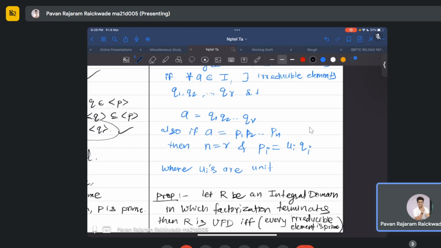It became very congested, but I hope you can see. So you have an integral domain in which factorization terminates, and that integral domain is UFD if and only if every irreducible element is prime.